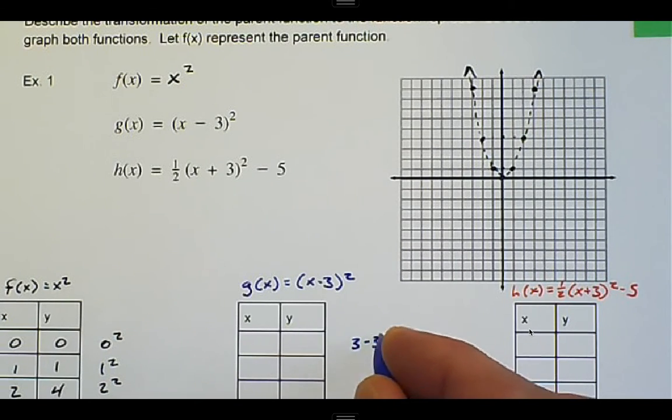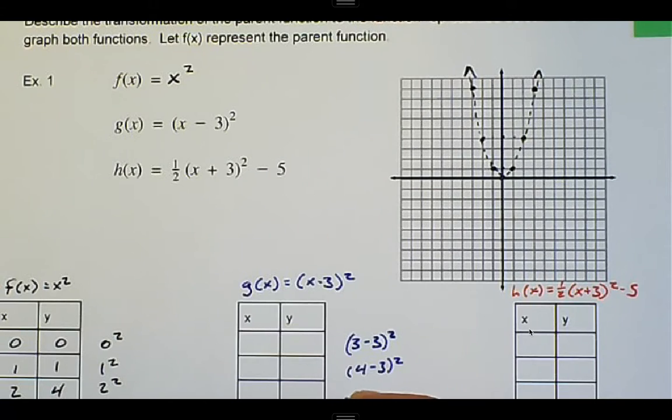3 minus 3 squared. And then let's just keep working from there. 4 minus 3 squared. 5 minus 3 squared. And 6 minus 3 squared.